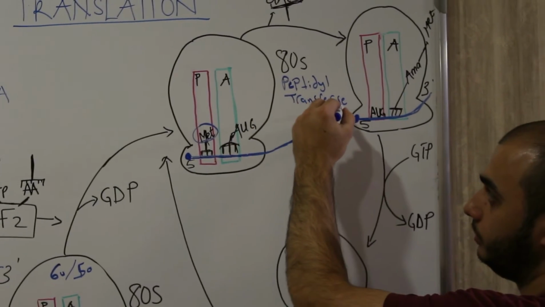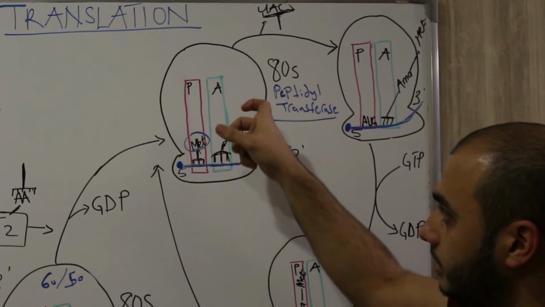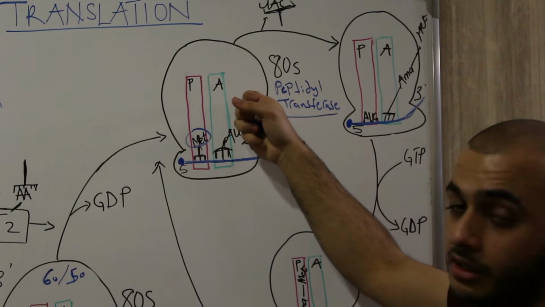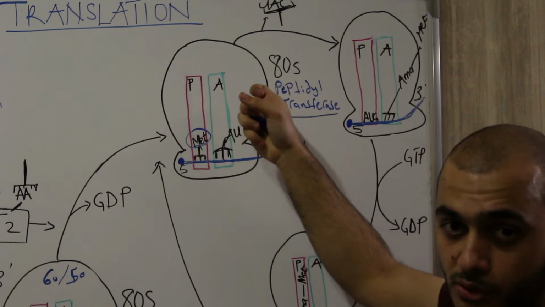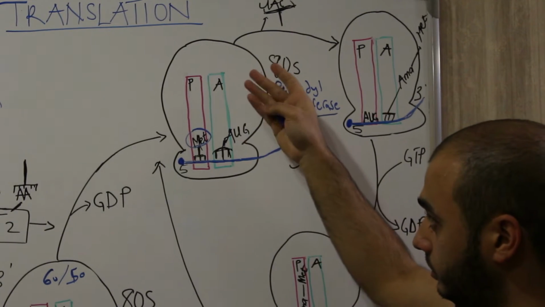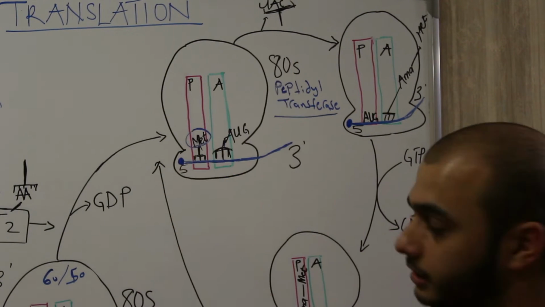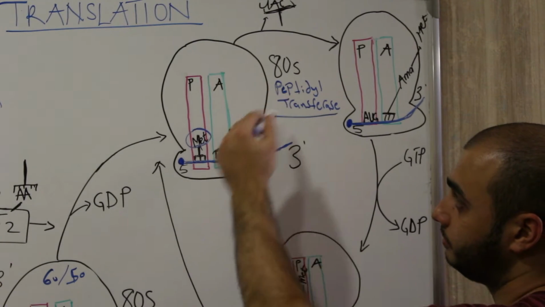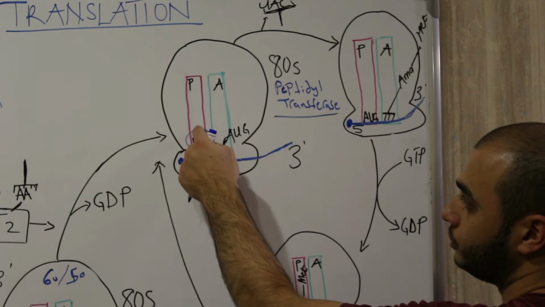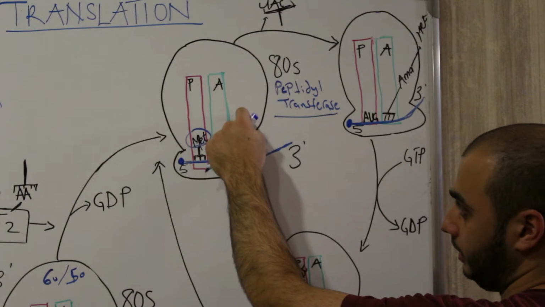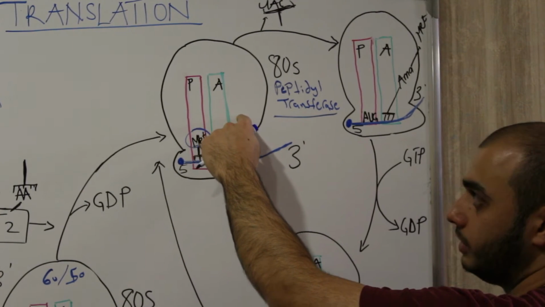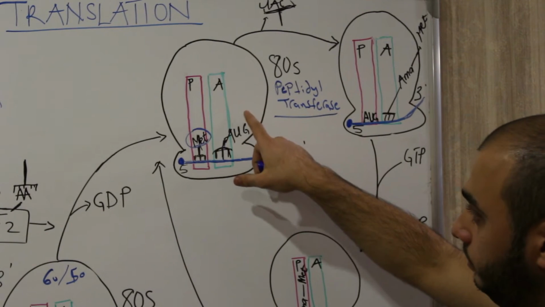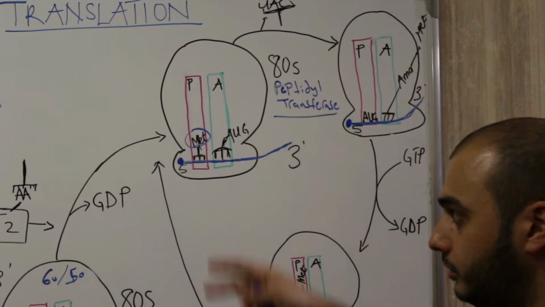And this occurs by an enzyme which exists here in the ribosome, because the ribosome is not only rRNA, it is also protein, comprised of protein and rRNA. So this protein mainly will be enzymes such as peptidyl transferase, which will transfer methionine to the new amino acid, and there will be formation of a new peptide bond.